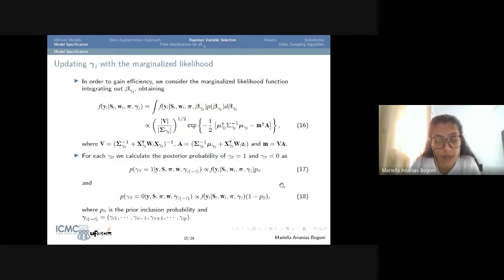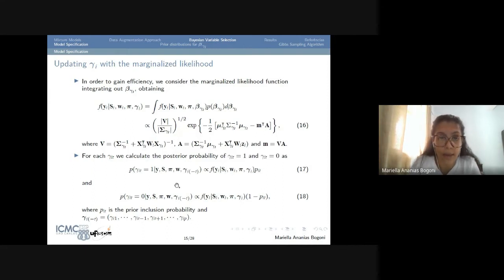Because of this, during our sampling process, we can update from the posterior distribution only the regression coefficients that have indicator equal to 1, that is the vector beta gamma it. And those regression coefficients that have indicator gamma it equal to 0, we assign a 0 value to them.